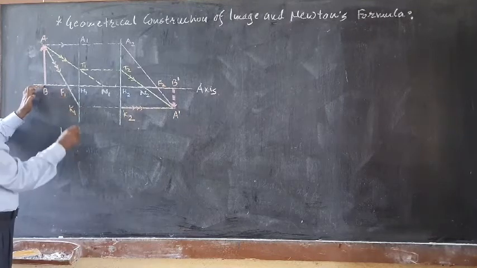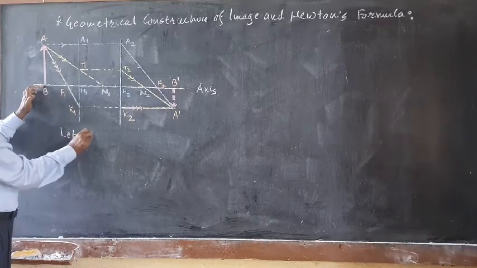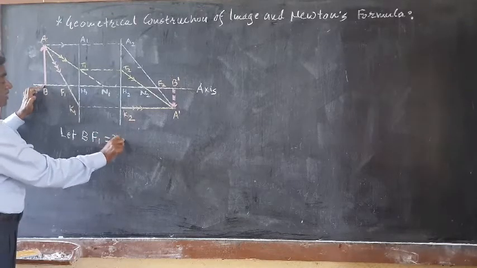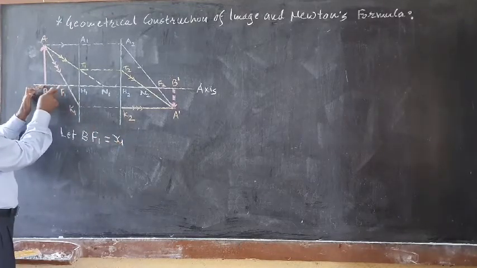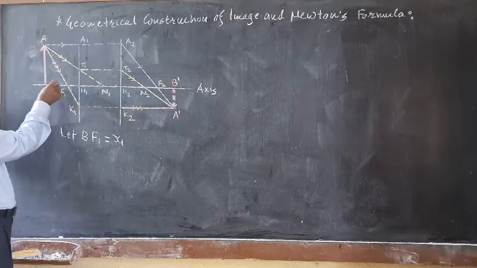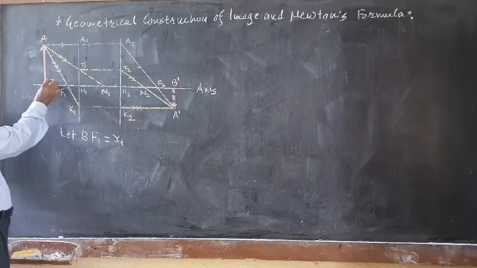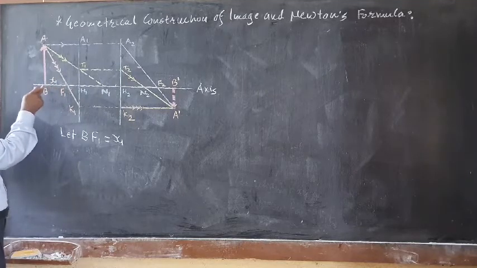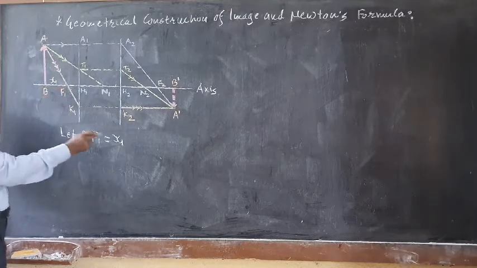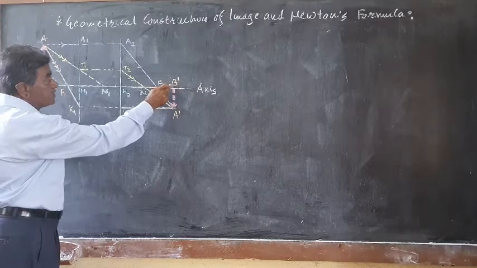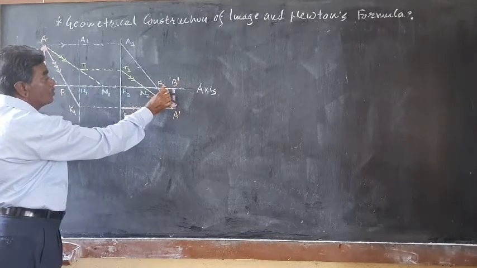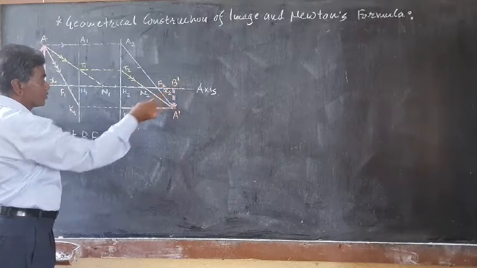this distance BF1 is equal to x1. This is the distance of the object from the first focal point, x1. The distance of the image from the second focal point is x2.